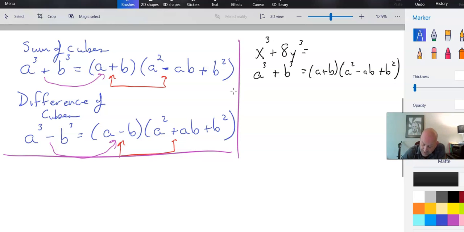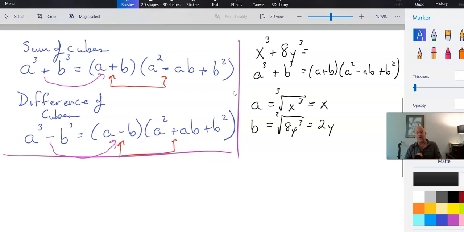Now, since I'm dealing with the sum of cubes, a is going to be the cube root of the first term. And a cube root, it just means what times itself 3 times gives you that number. And so that ends up being x. And b is the cube root of 8y cubed, which is 2y.